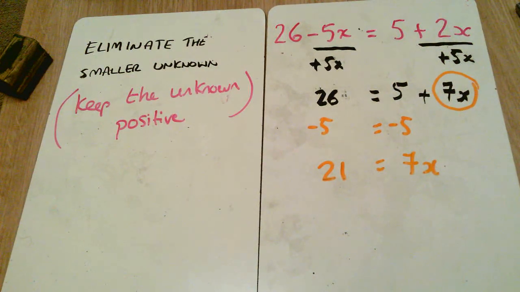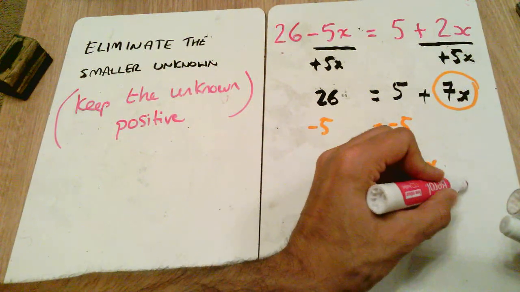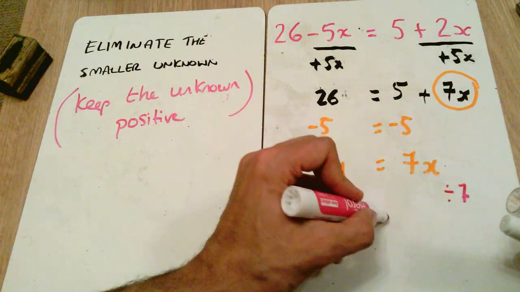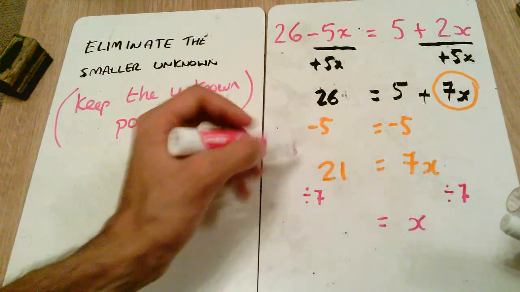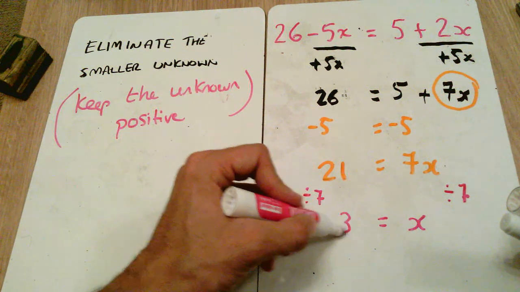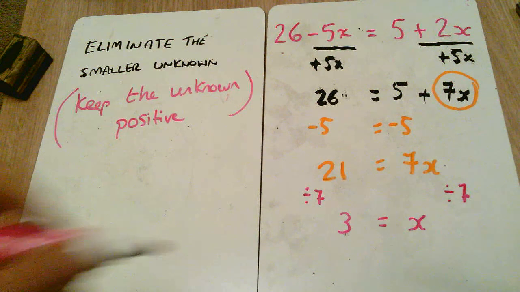To finish up, we now need to get the x on its own, so we simply divide both sides by the 7. 7x divided by 7 gives us just the x. 21 divided by the 7 gives us 3, and that's our answer.